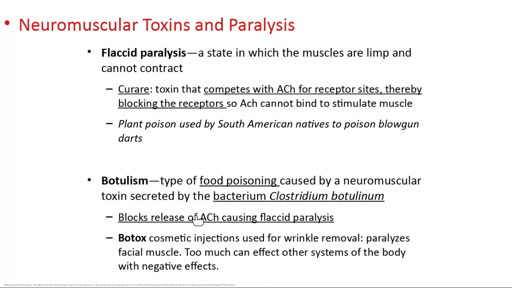It blocks the release of ACh from the neuron. This will also lead to flaccid paralysis. Why? Because we don't have ACh binding to the sarcolemma to signal muscle contraction. So you're going to have flaccid paralysis.